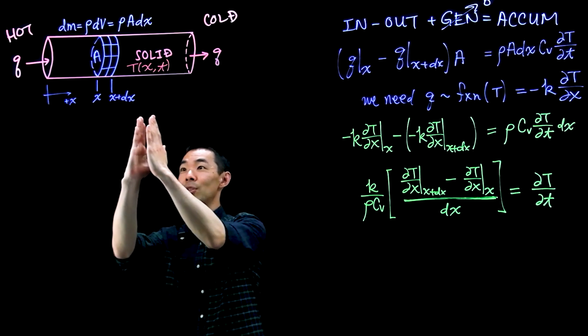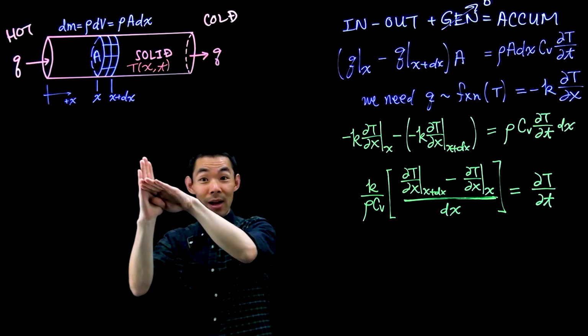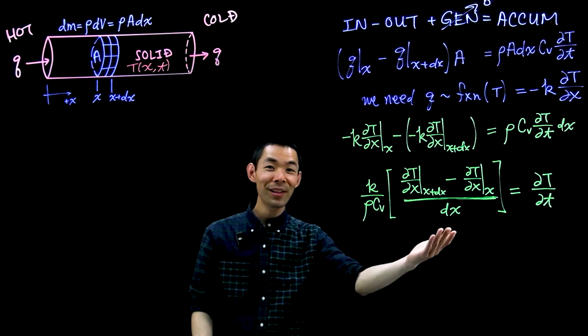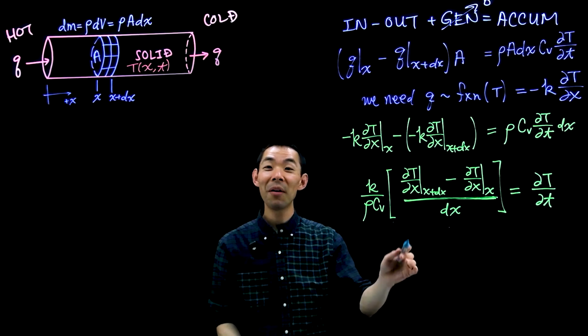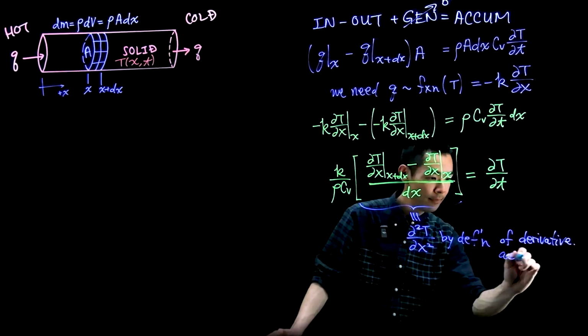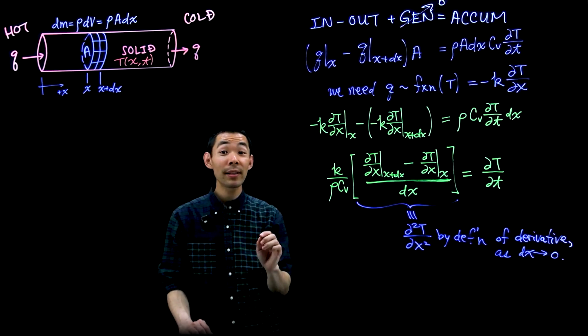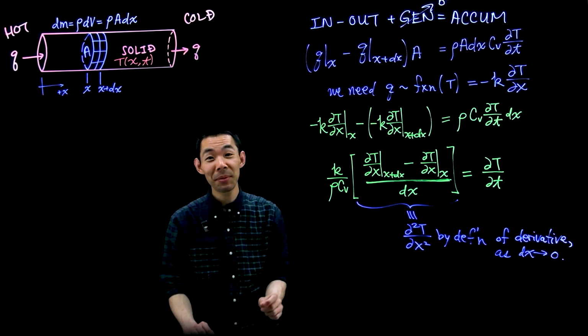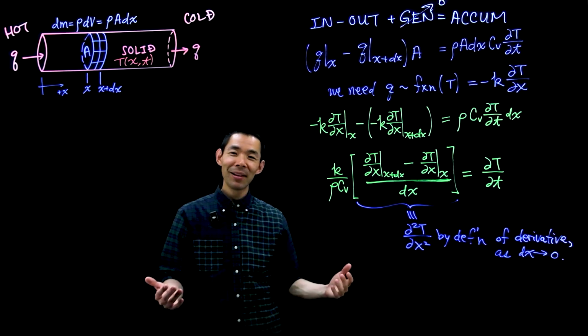And once you reach that small little thin shell, it becomes the definition of the derivative. So all this is just a definition of the derivative. So this is nothing more than the second partial derivative of your temperature with respect to position. So there we have it.